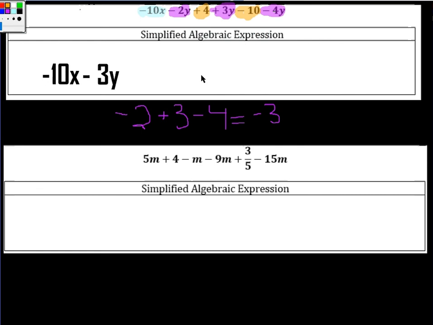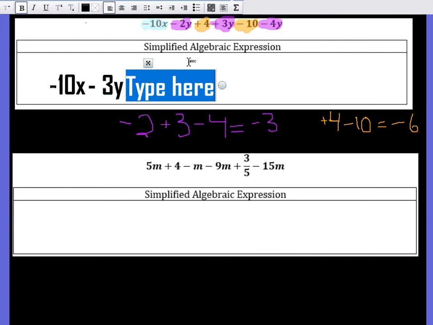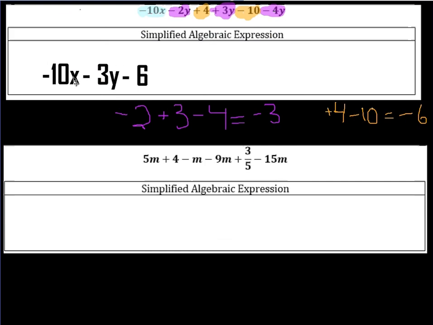I have +4, -10. Very simply, you can check on your calculator, that's going to be a -6. So I'd have -6 here. Make sure you're seeing this is our simplified algebraic expression because we can't go any further than that.